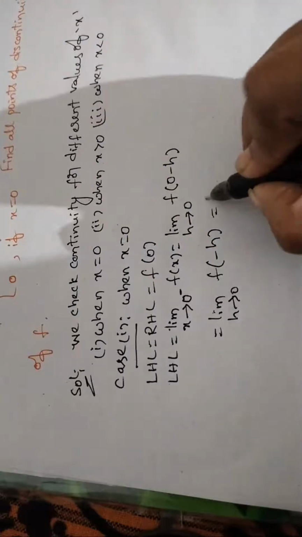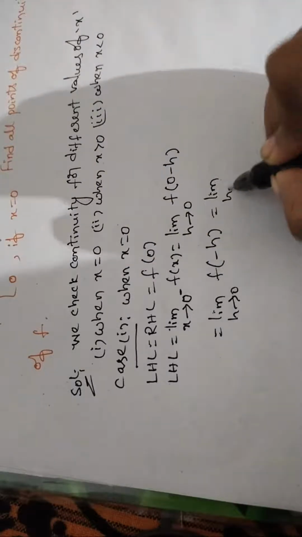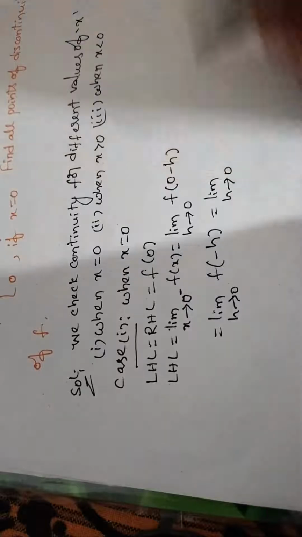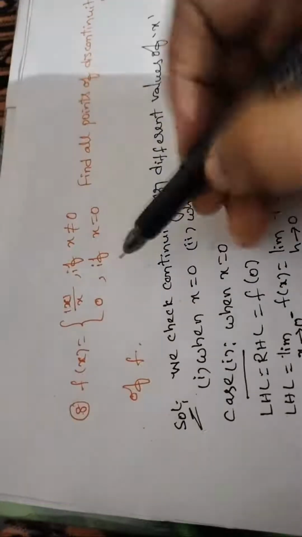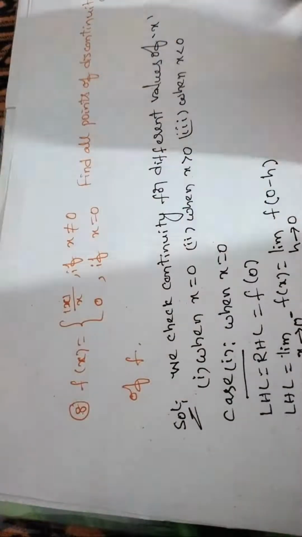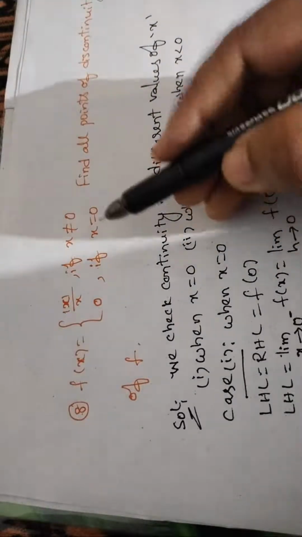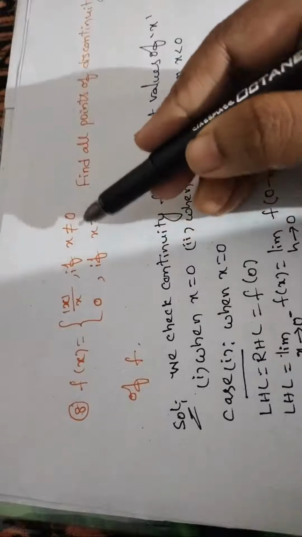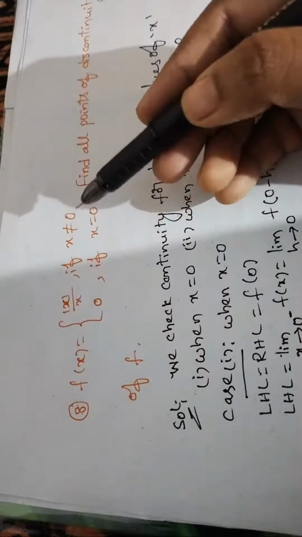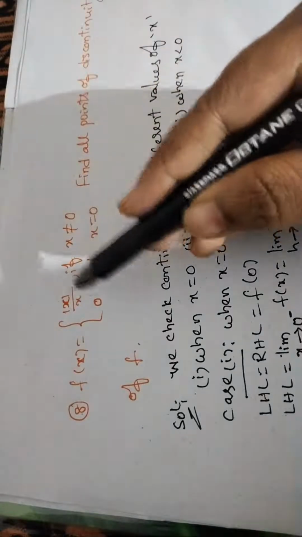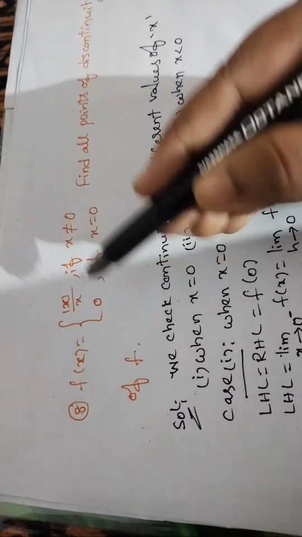Now write the function in this. What is the given function? The given function is mod x by x, and 0 at 0. For this case, 0 minus means it is not equal to 0, so at that time the function is mod x by x.